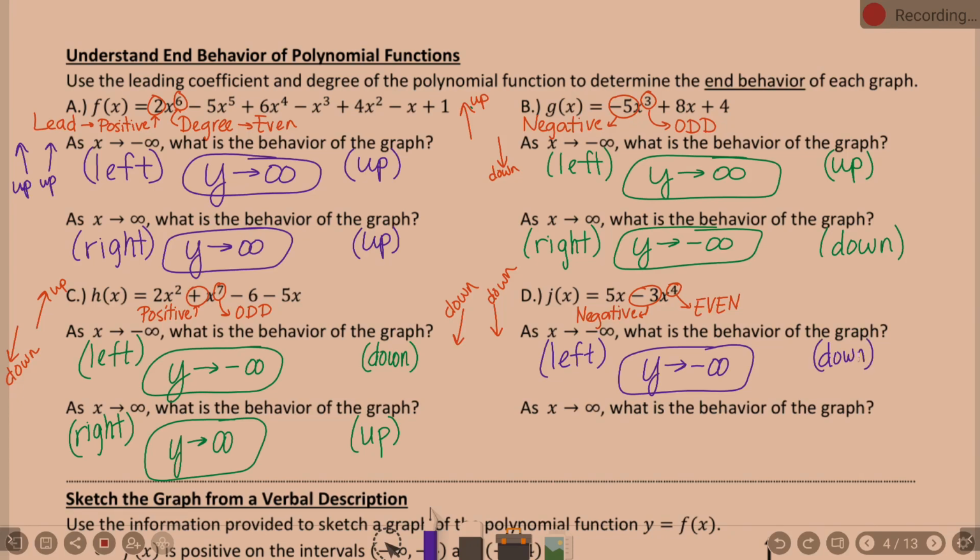And if you didn't already figure it out, the other one's going to have the same answer, isn't it? Because in both cases, it was down and down. So this one officially, as x approaches positive infinity, as we look at the right side of the graph, is also moving down. And down is expressed as y approaches negative infinity. Okay?